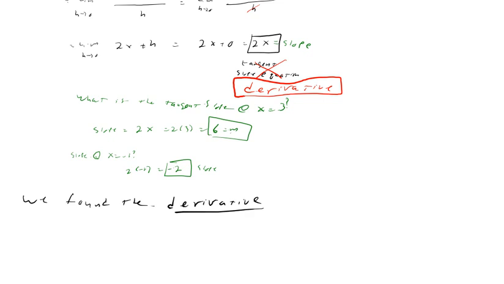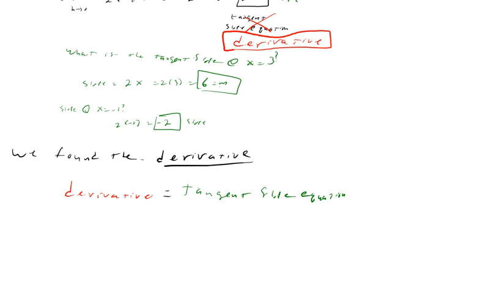The derivative means it is the tangent slope equation of a function f of x.